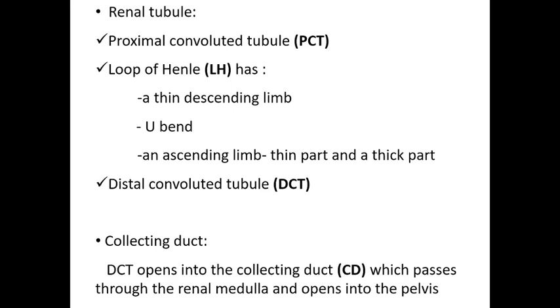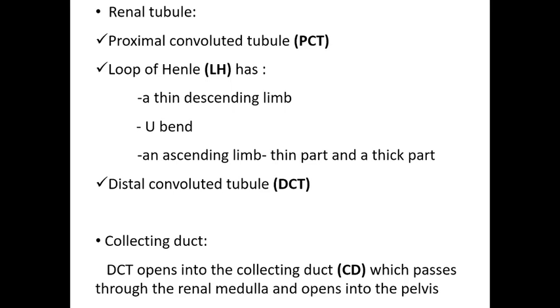The whole blood except the red blood cells and the proteins gets filtered in the glomerulus into the Bowman's space. Next we have the renal tubules: the proximal convoluted tubule, loop of Henle, and the distal convoluted tubule. When the filtered blood passes through the renal tubules, certain substances are reabsorbed back into the blood, while certain substances from blood are secreted into the renal tubules.